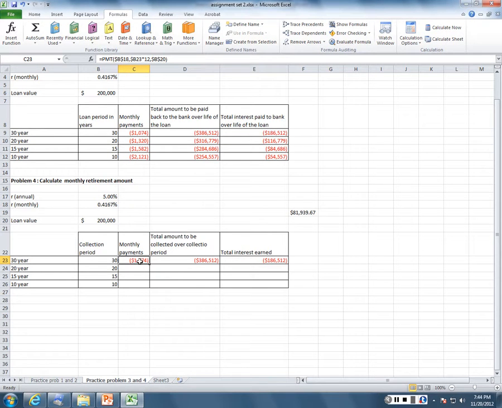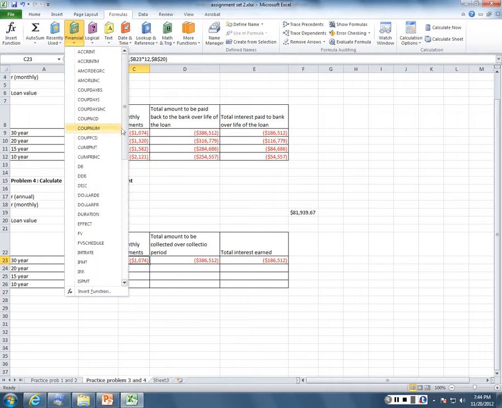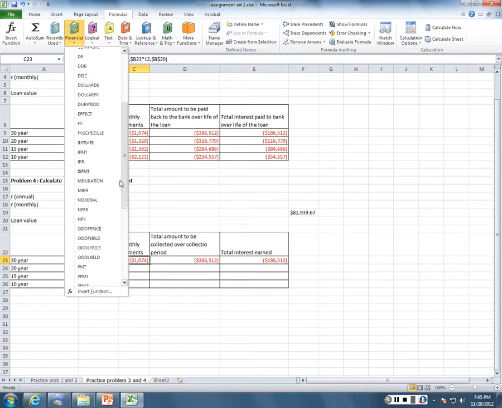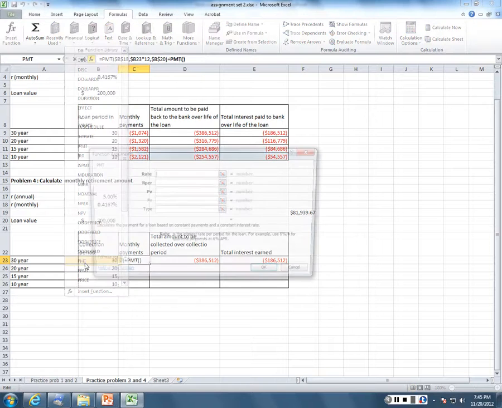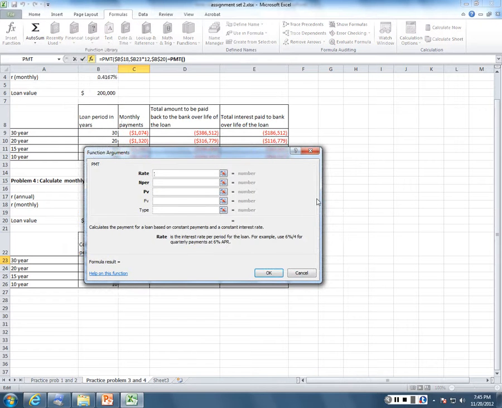So I'm going to tell you how I did this. You go to formulas again, financials, and we're trying to figure out how much monthly payment I will pay. So I go to PMT, and the box opens up. It'll ask you what the rate is that you're paying.